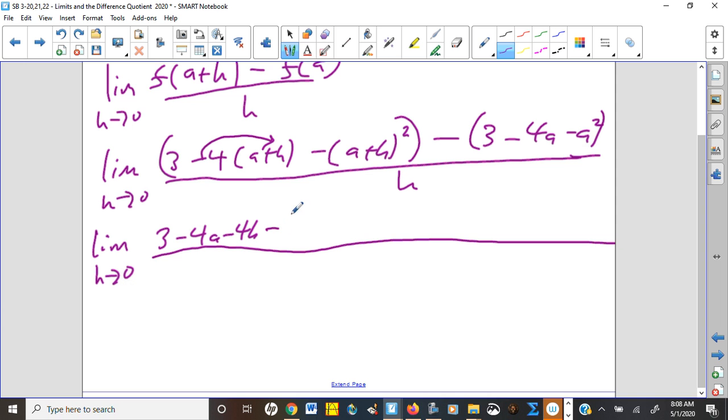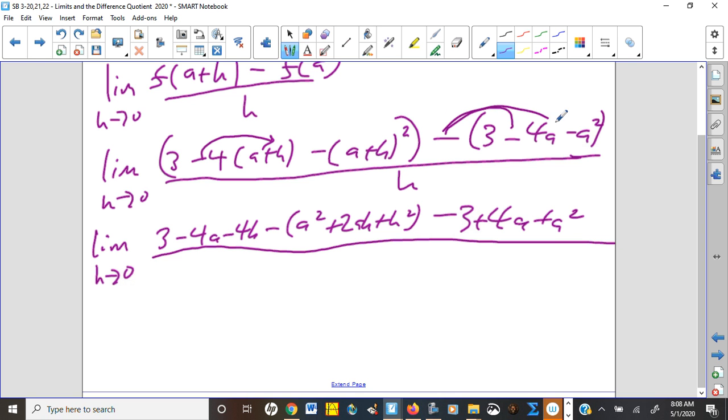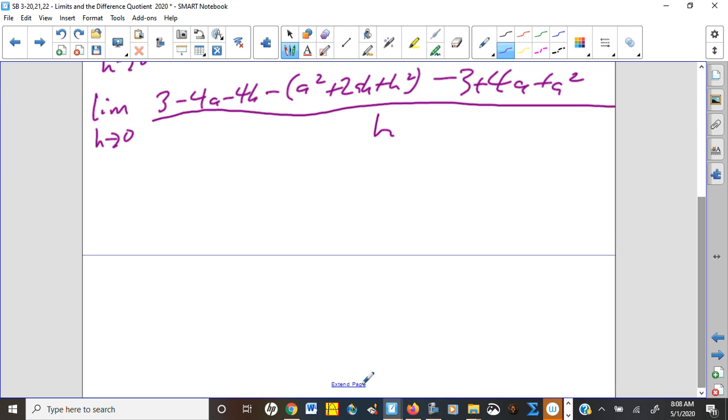And then minus, and this would be a squared plus 2ah plus h squared, and I'm going to have to distribute that negative sign, minus 3 plus 4a plus a squared. Once again, don't forget to distribute the negative sign. You're subtracting the entire trinomial there, not just the first term of the trinomial.